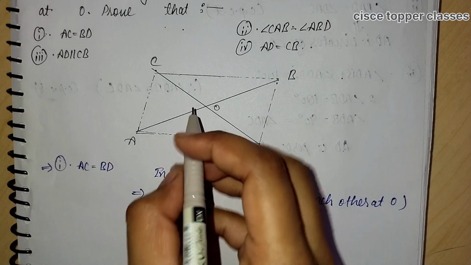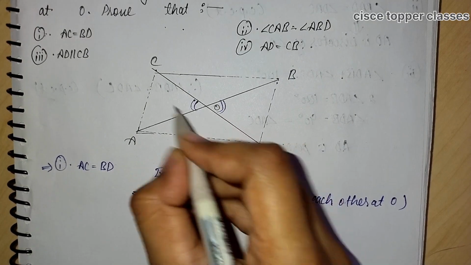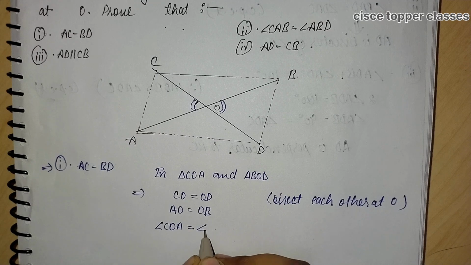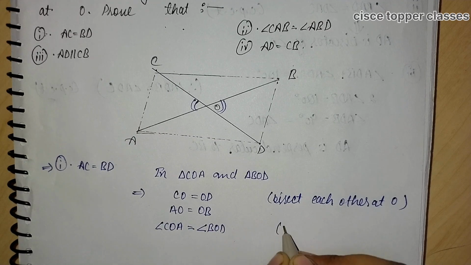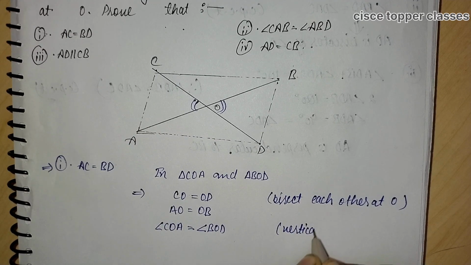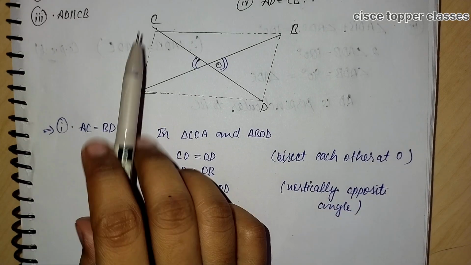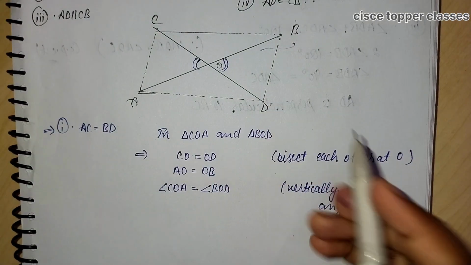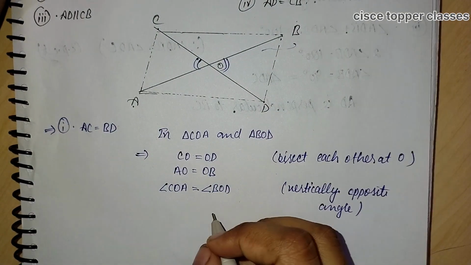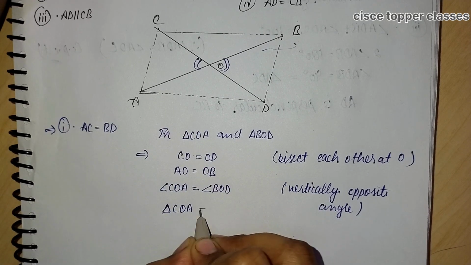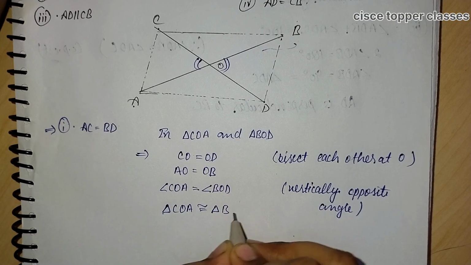So now we have, because of vertically opposite angles, angle COA is equal to angle BOD. We have the vertically opposite angle, and we can prove that triangle COA is congruent to triangle BOD.